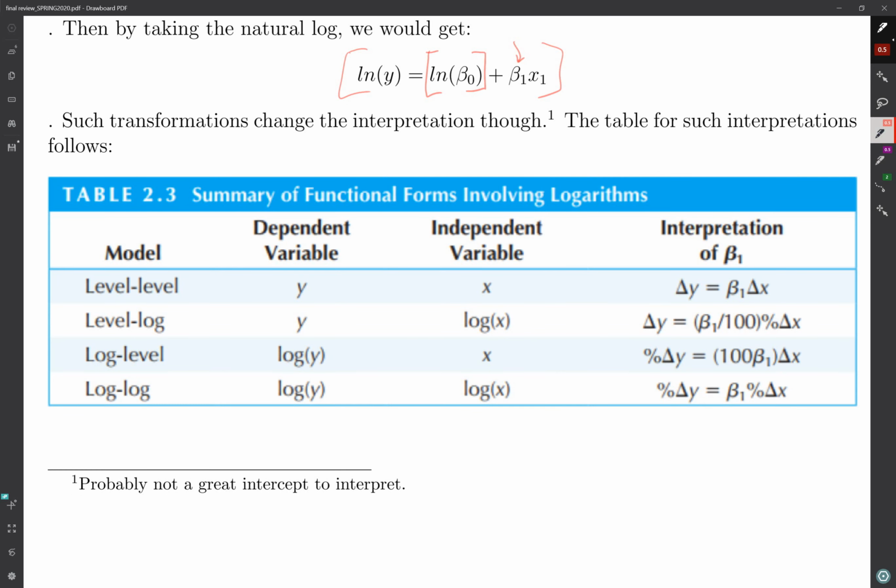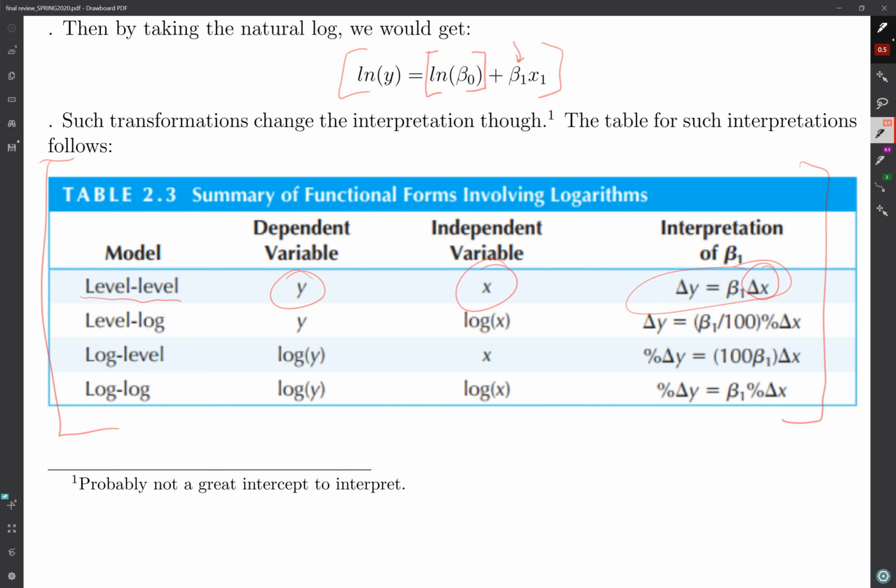So I would advise you to keep this table handy. This one comes straight from the Wooldridge book, but remember, when we are using logs, our interpretations are going to change. The level model is the one that we use most of the time. We've got a dependent variable y and an independent variable x, and our interpretation of this beta 1 is that a change in x times beta 1 is equal to the change in y.